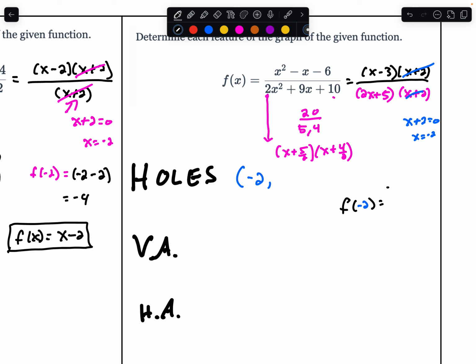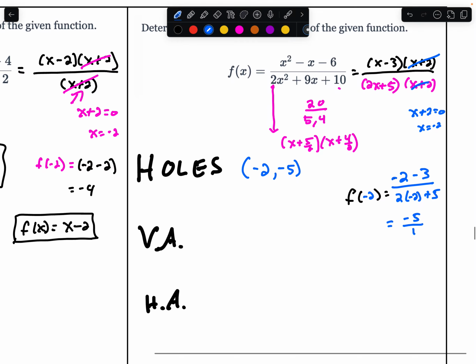So I've got -2 minus 3 over 2 times -2 plus 5. All right, so this hole is going to be at -5 divided by 2 times -2 is -4. -4 plus 5 is 1 at -5. Right there is going to be the hole.